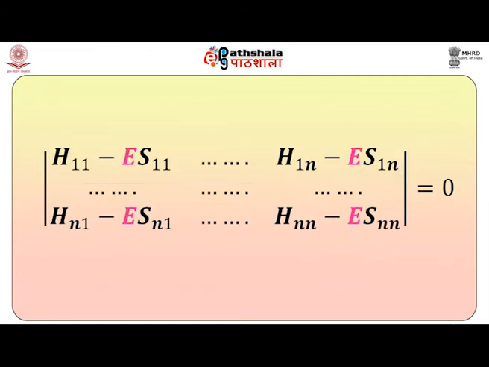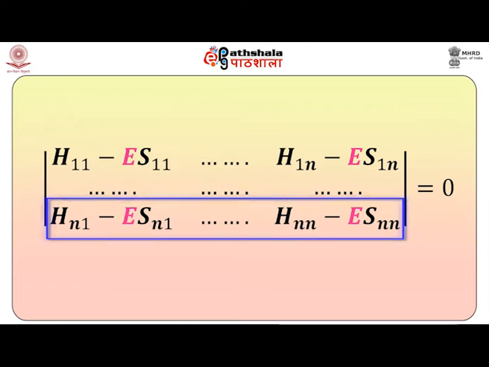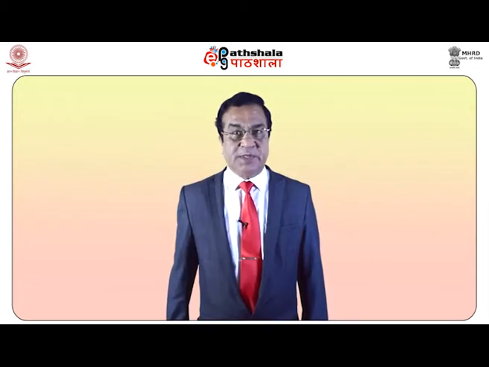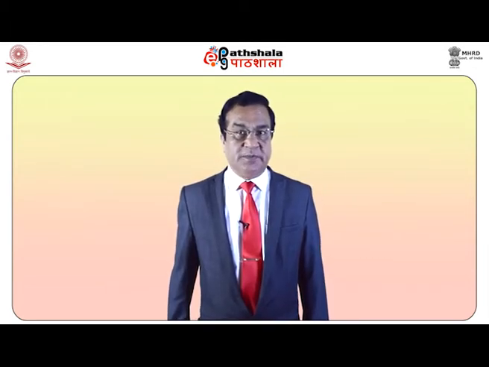Similarly, we have the last row, which is Hn1 minus E Sn1, and the last element in this row is Hnn minus E Snn, and that's equal to 0. So that's basically the secular determinant.